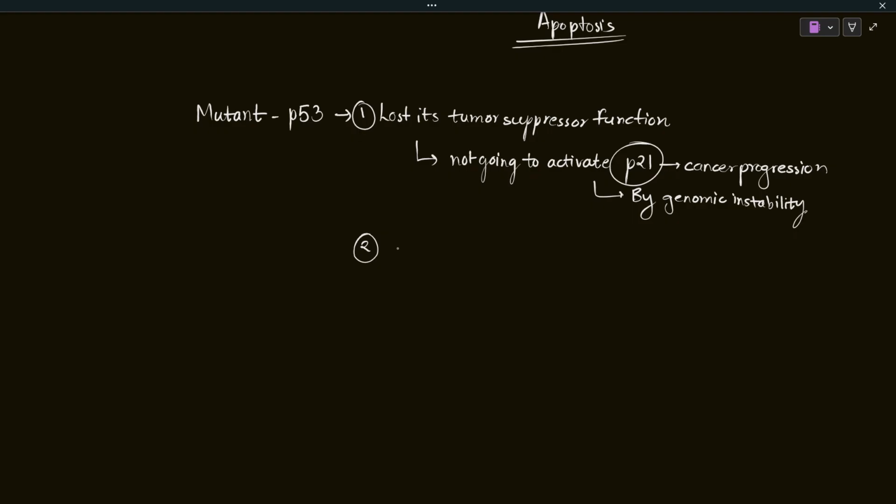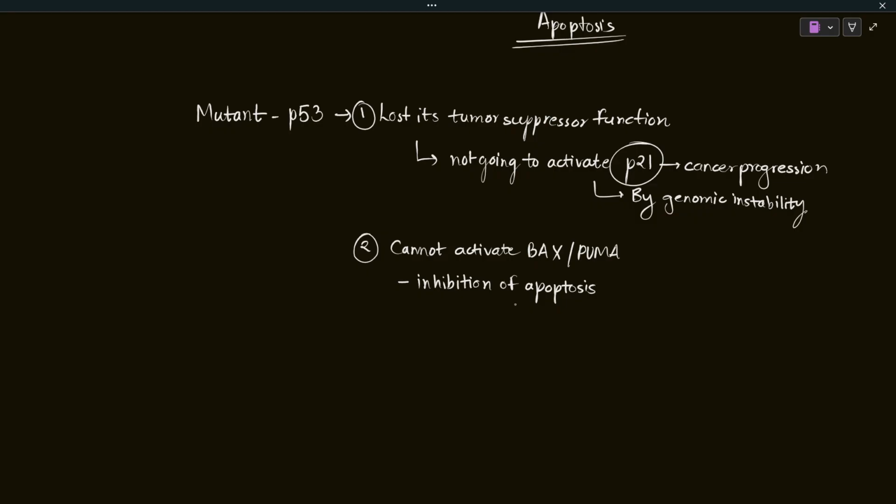It also cannot activate Bax and Puma, so there will be inhibition of apoptosis. The cells which are damaged, which have defects in their DNA, will not die, and they will accumulate all of the genomic instability, and that will lead to cancer.